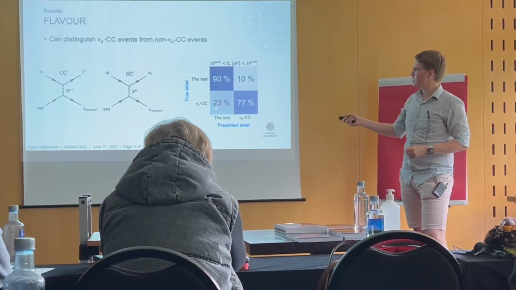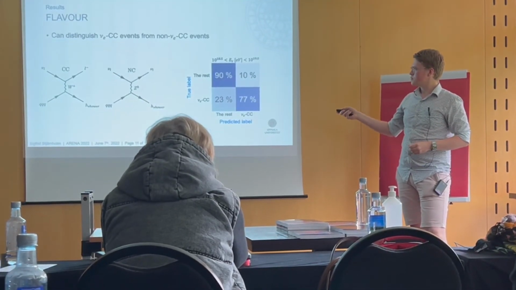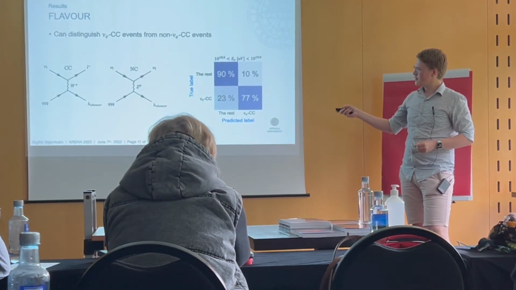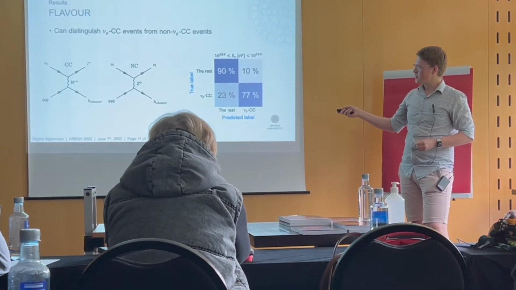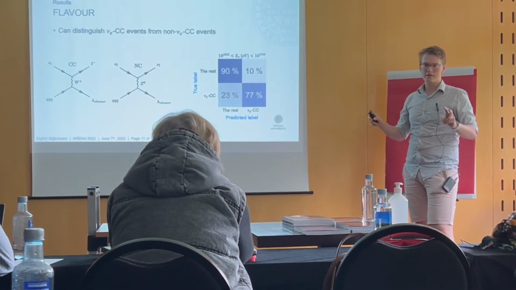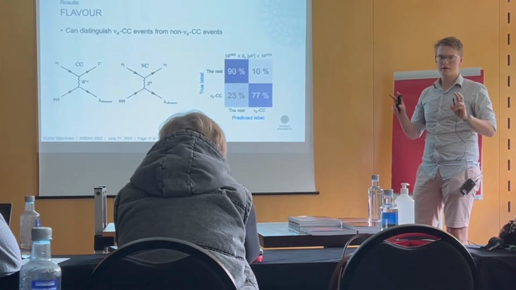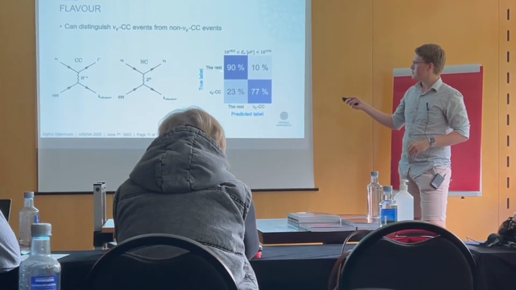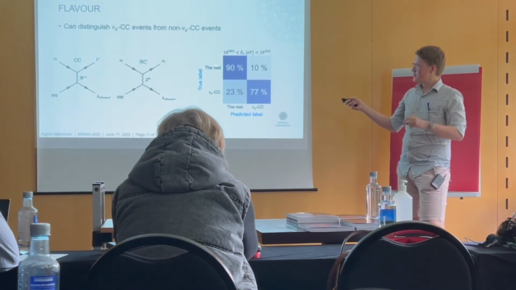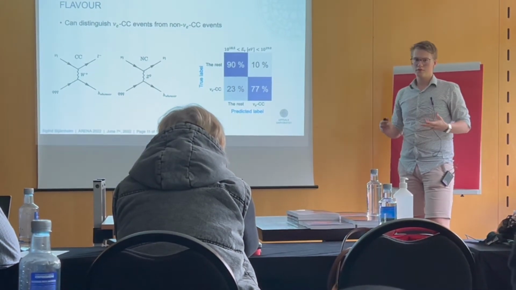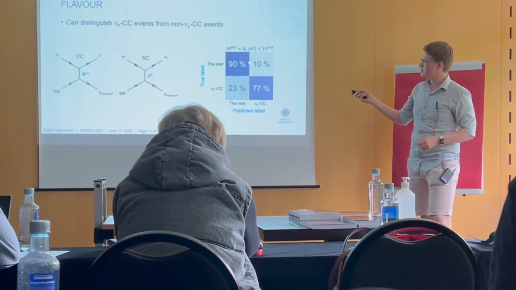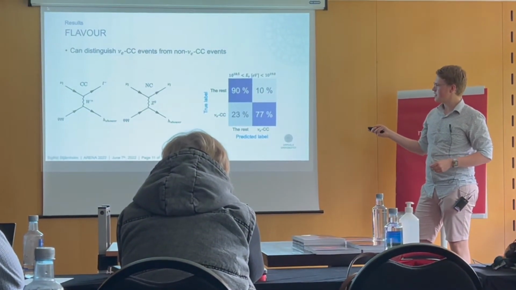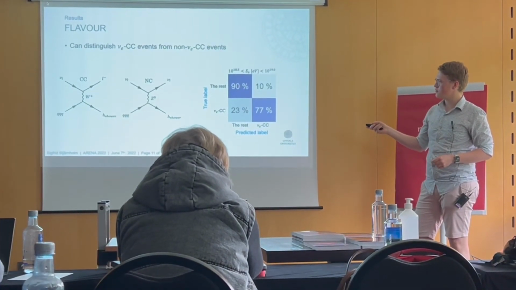The off-diagonal terms mean, for example, that 23% of the nu_e CC events are predicted as the rest. So that's 23% of the cases predicted wrong. And in this case, 10% of the rest are predicted as nu_e CC. But you see we get 90% correct for the rest, and 77% correct for nu_e CC.